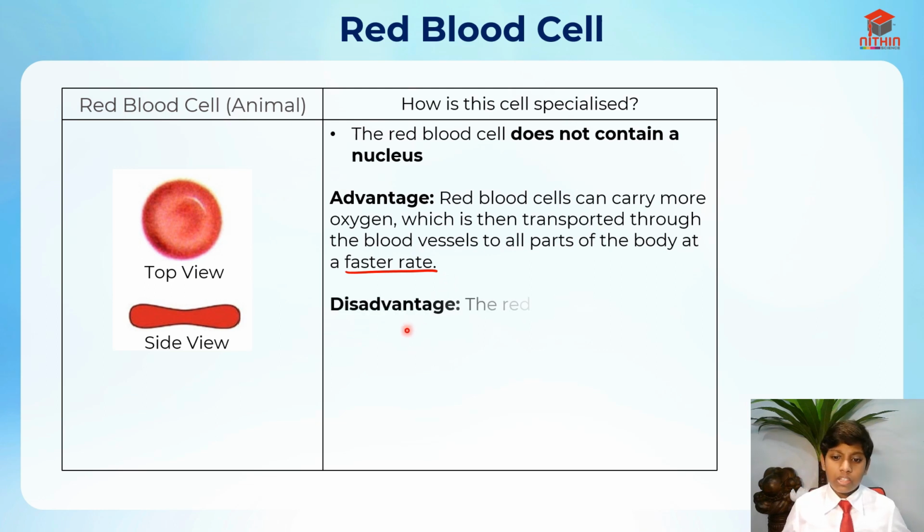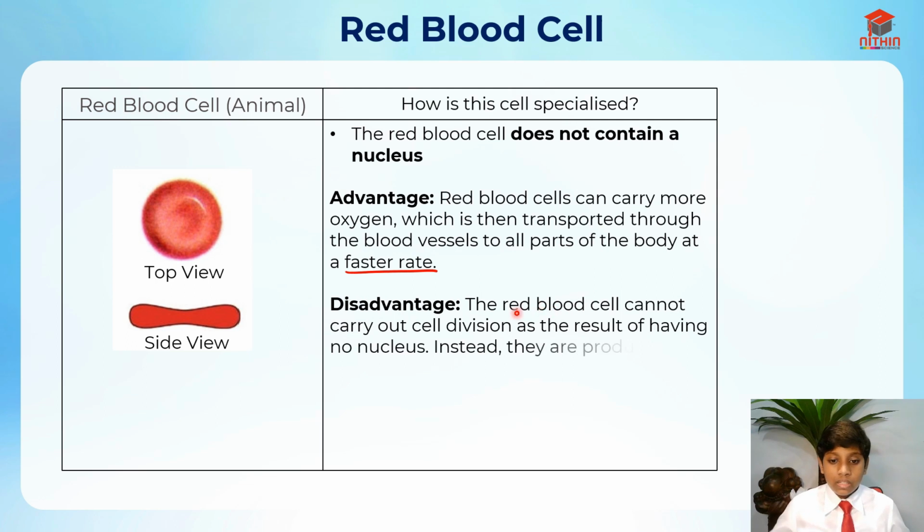The disadvantage is that the red blood cell cannot reproduce, like carrying out cell division, because of having no nucleus. We know that the nucleus controls all the activities in the cell, so it also controls cell division. Instead, red blood cells are produced by the bone marrow, and they don't reproduce by themselves.